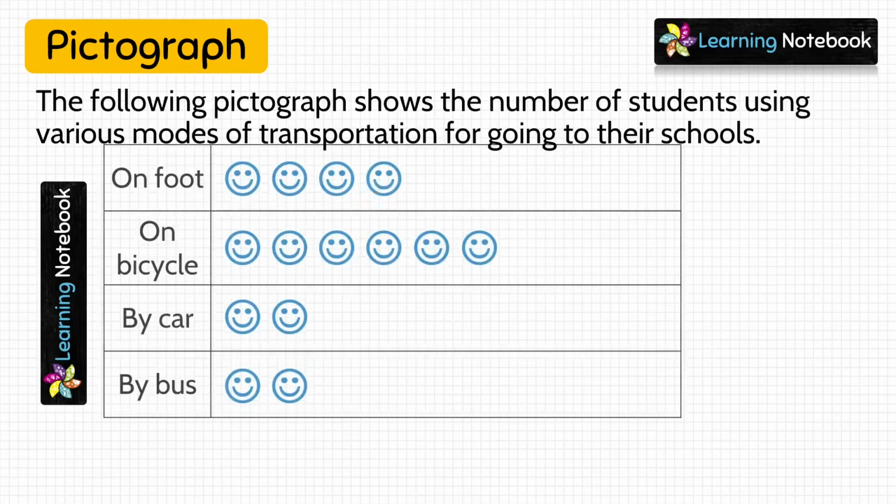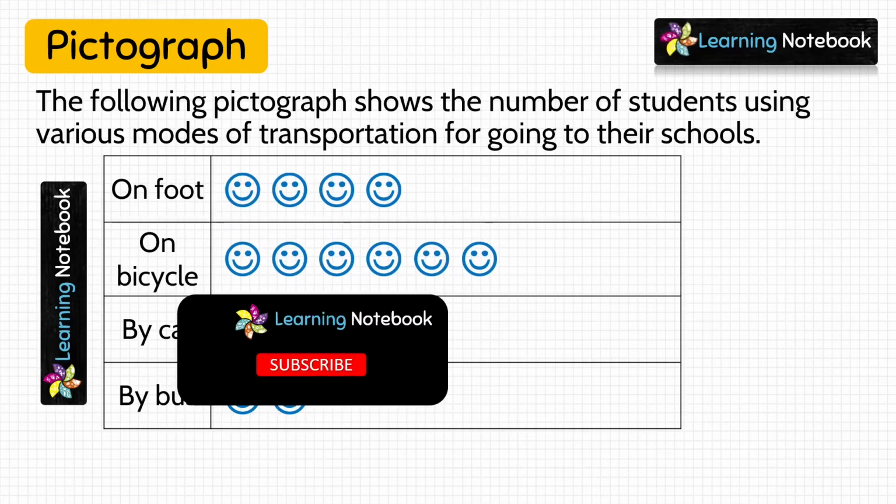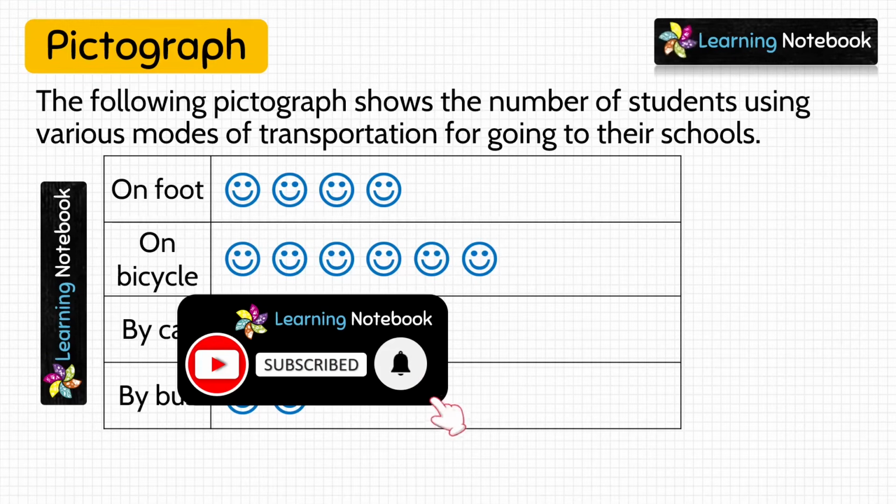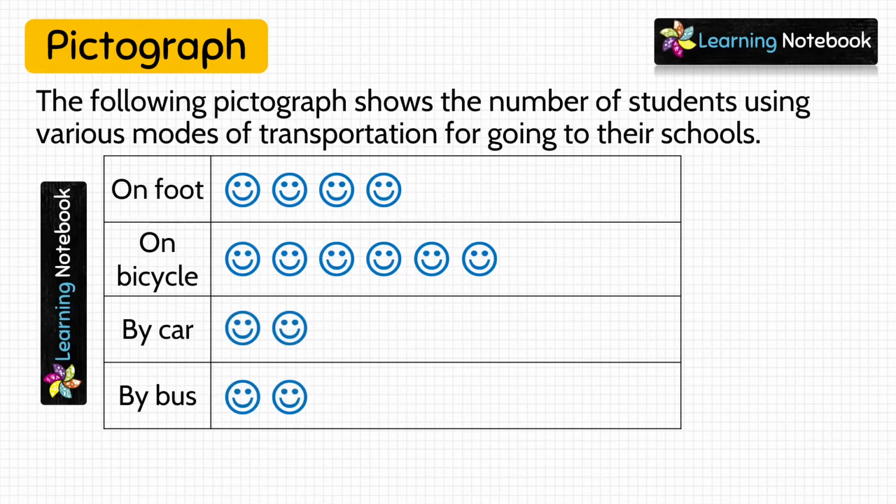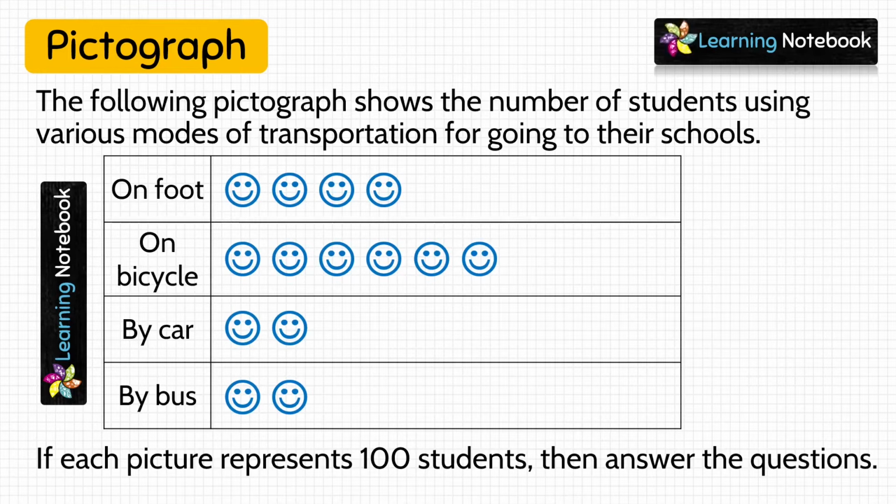Question is, the following pictograph shows the number of students using various modes of transportation for going to their schools. So here we are given with this pictograph which is showing the number of students using different modes of transportation to go to their school.